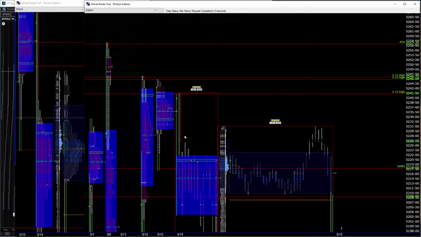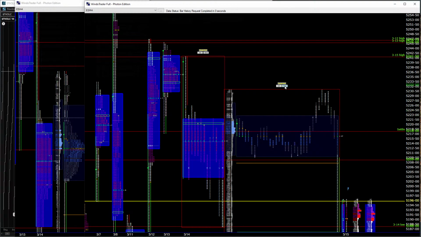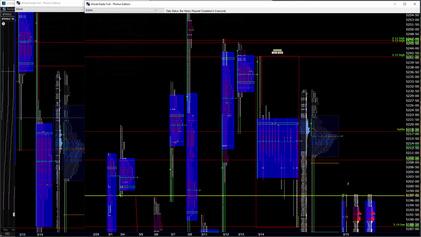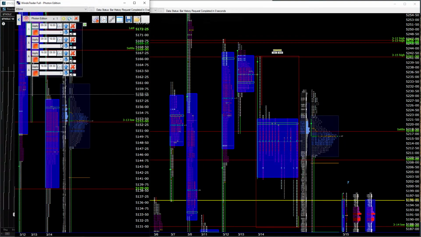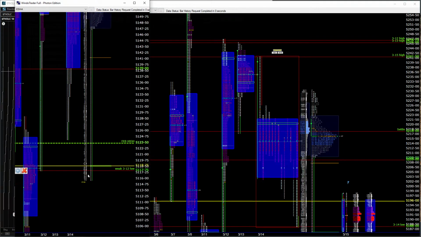Don't forget about this. I'm going to keep this one open to remember this week's high. But there's a bunch of stops here. These stops are not taken. Now, look at this contract. There's nothing here now. It's gone. Right? This is gone now.